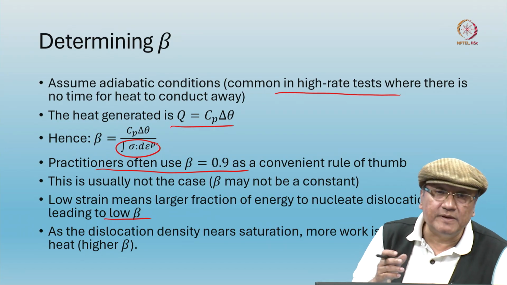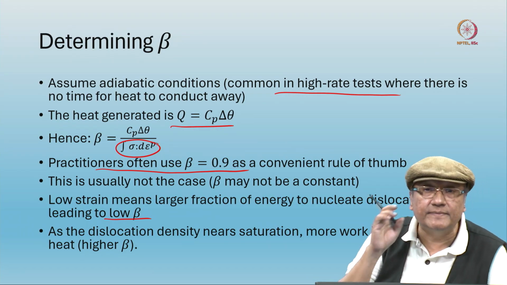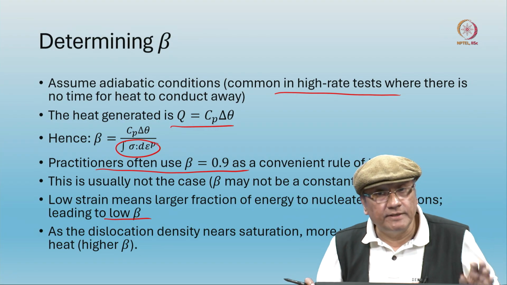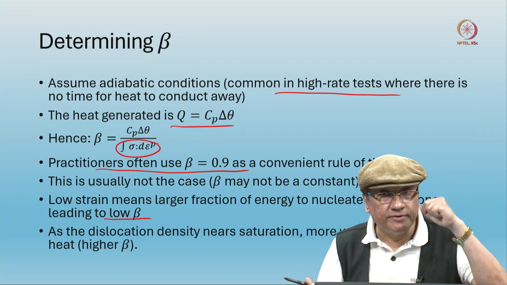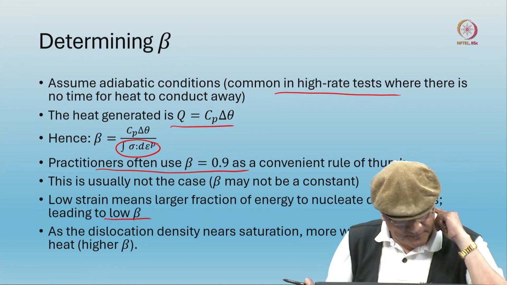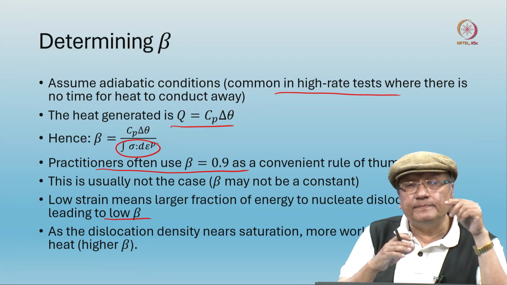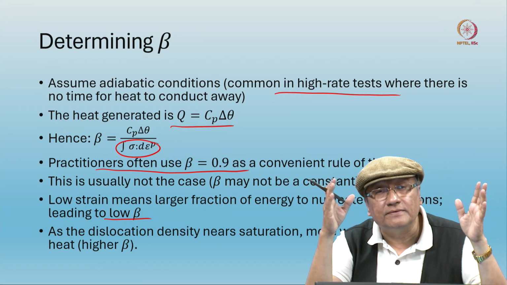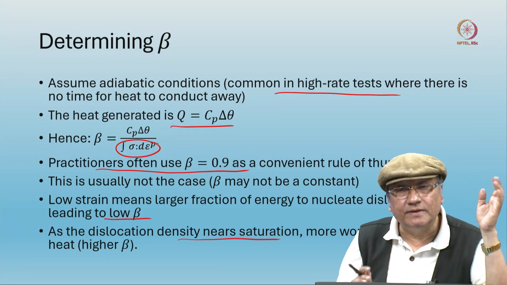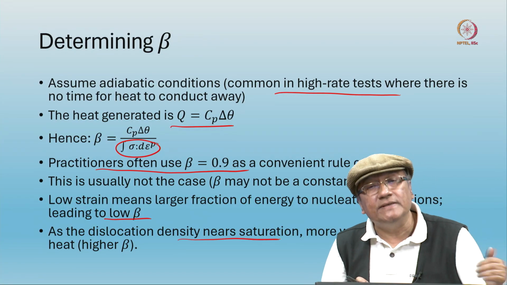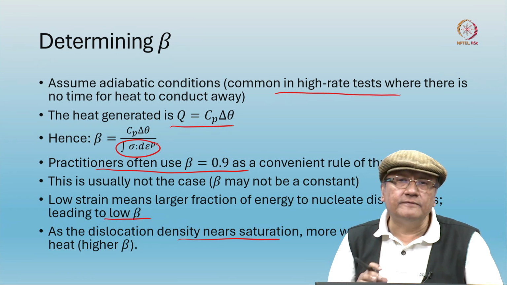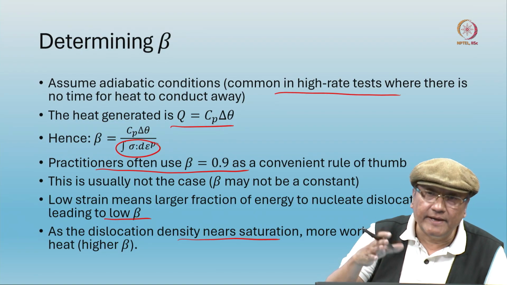If you start an experiment on a pristine specimen which has not undergone much plastic flow earlier, and there is a lot of dislocation generation and nucleation, then beta is pretty low. Now typically dislocations cannot go on increasing indefinitely, so it saturates. If it nears saturation, then less of the overall plastic work will be needed for the conversion of the microstructure.